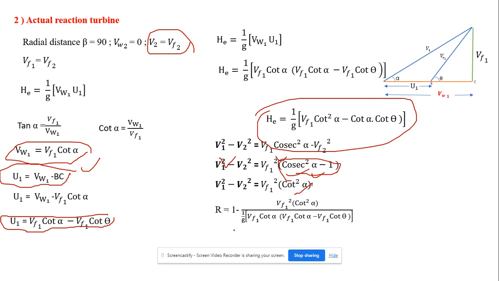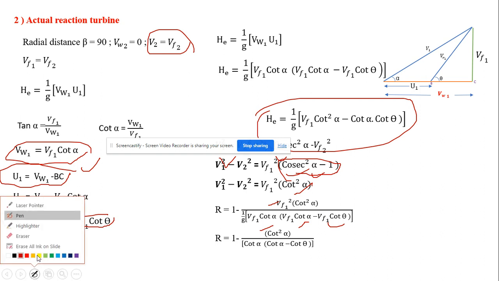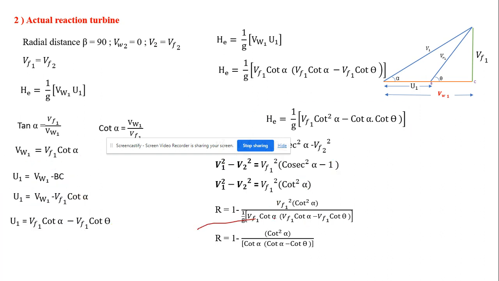So the degree of reaction for the inward radial reaction turbine, or Francis turbine, we write as VF1 square cot square alpha over 1 by Z VF1 cot alpha (VF1 cot alpha minus VF1 cot theta). After simplification, we got R is equal to 1 minus cot square alpha by (cot alpha minus cot theta).